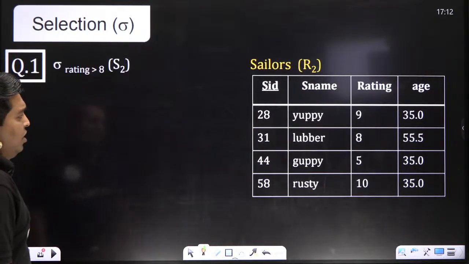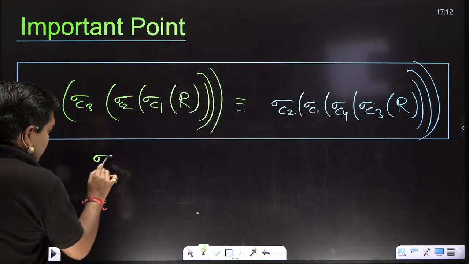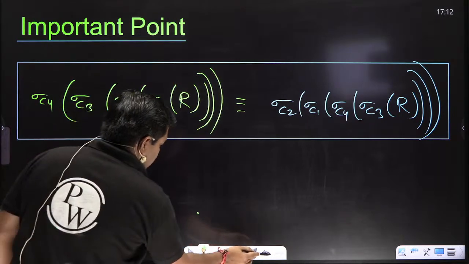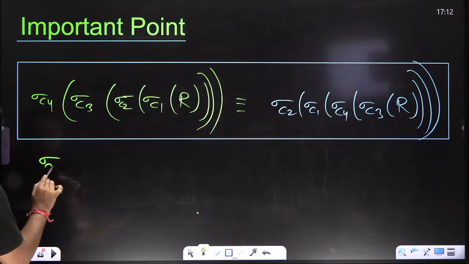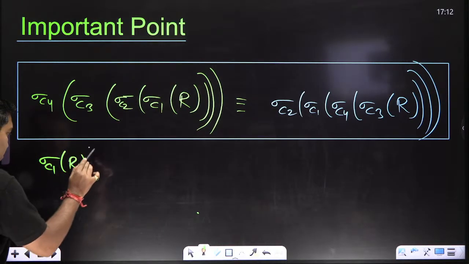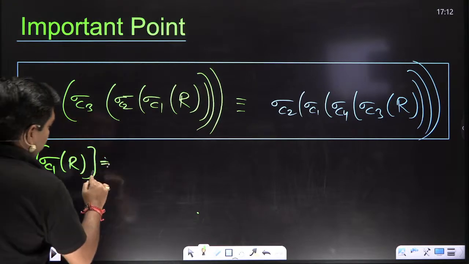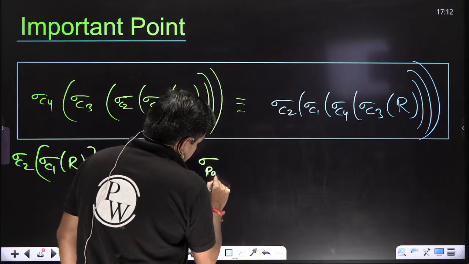Okay, children. Now, first of all, I compute the LHS. Listen carefully. So what do I compute? C1 is what? Rating is greater than 8.